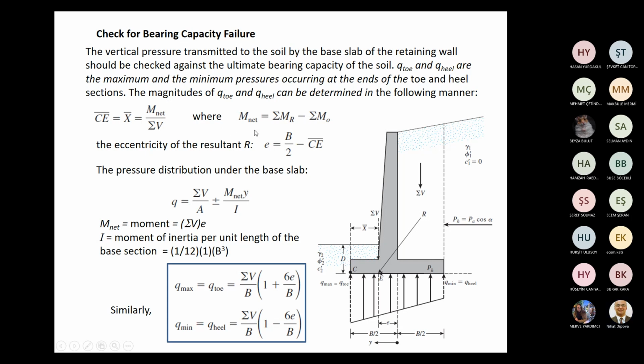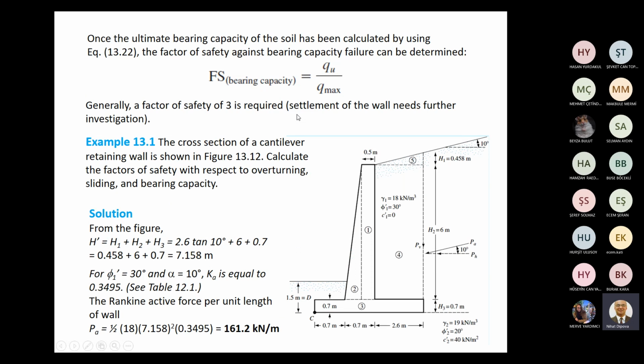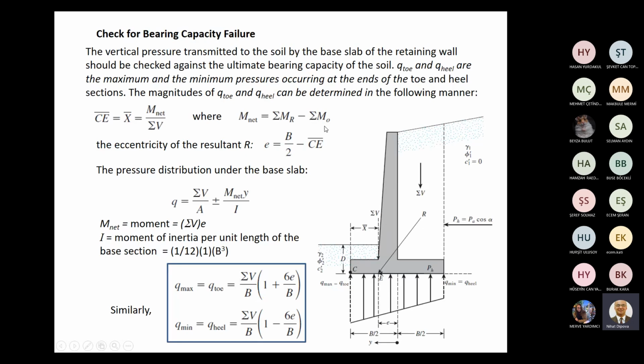And net moment will be equal to summation of resisting moment minus summation of overturning moments. We will use net moment here.